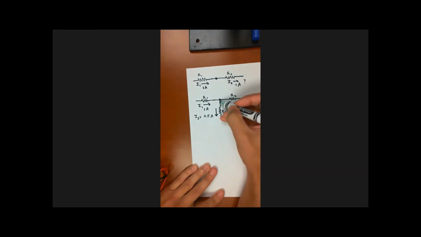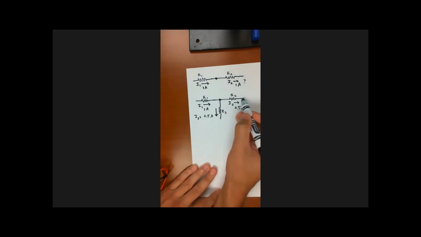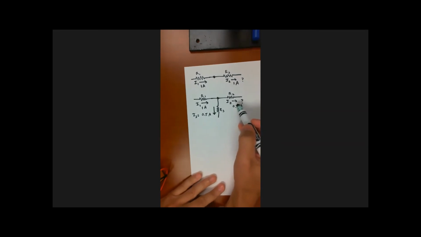If I told you that I had half a gallon per minute coming off here, then you would know that whatever's left over must be going through this pipe, which is another half a gallon per minute. All right, so hopefully that is fairly intuitive. This is where it's helpful to have in-person class so I can see your head nodding or shaking. But I'm going to assume that this is fairly intuitive. Let me know if it's not, and I can go over it in more detail.